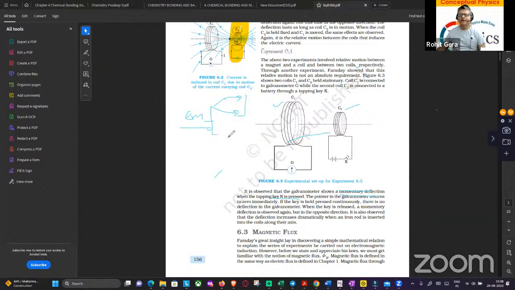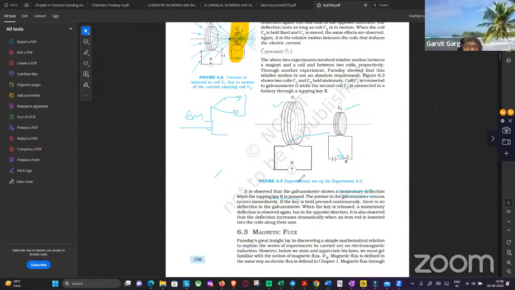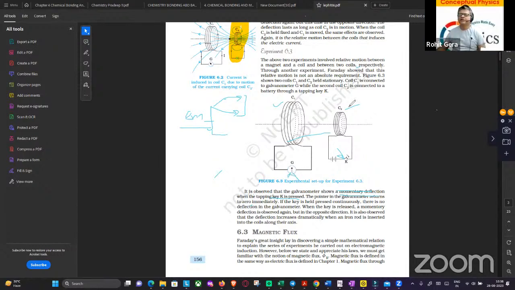And then third, no relative motion, but on off of this battery. The conclusion is, किसी भी तरह से d phi by dt पैदा कर लो, by any method, you are going to see deflection in this galvanometer, which means you will see that there is a EMF which gets generated in the C1. You can start rotating it also, by the way.